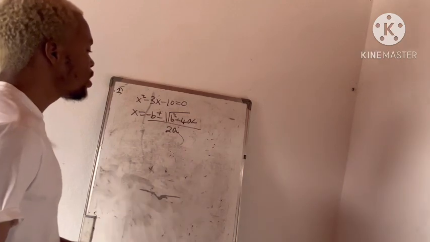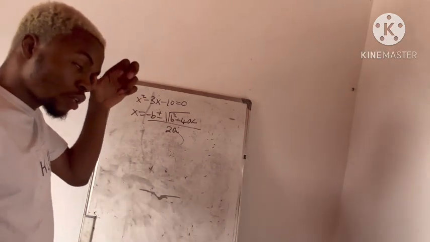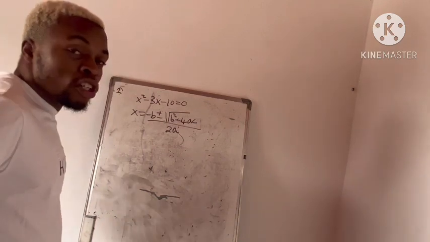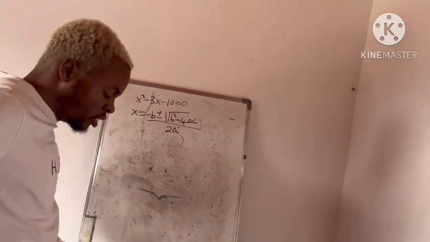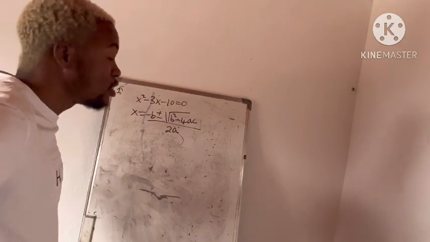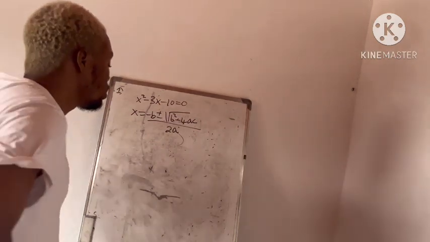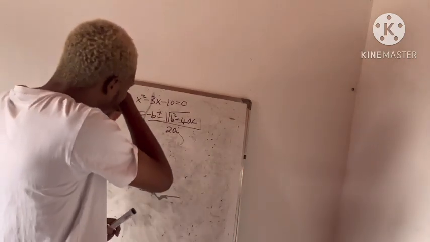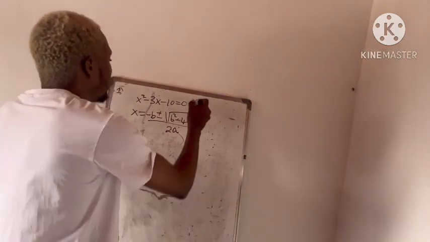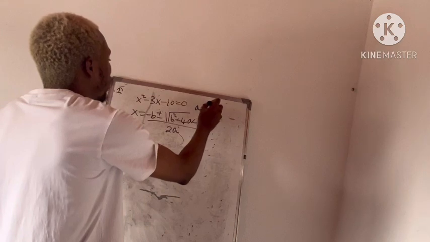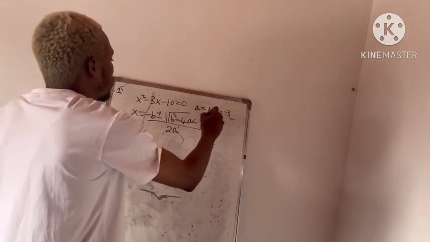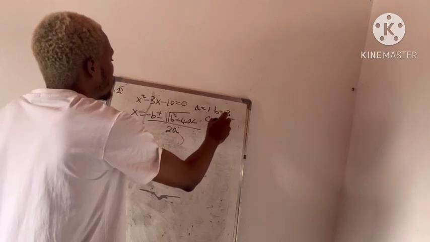So identifying our a, b, and c, which I told you is very, very important. I will not be laying so much emphasis on that, because I did that already, where our a is 1, our b is minus 3, and our c is minus 10.